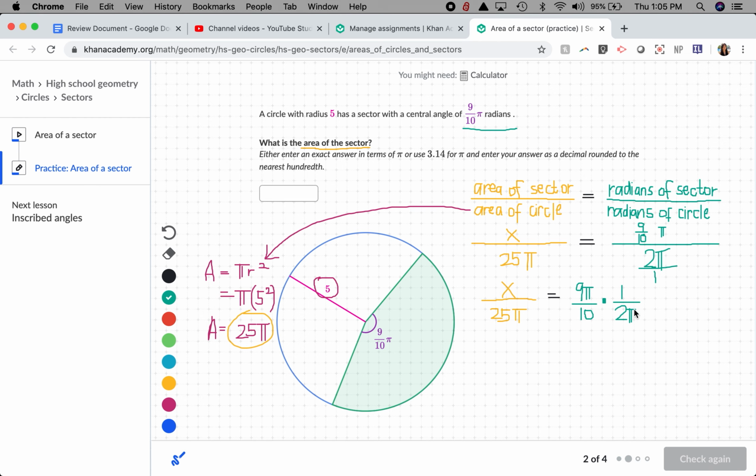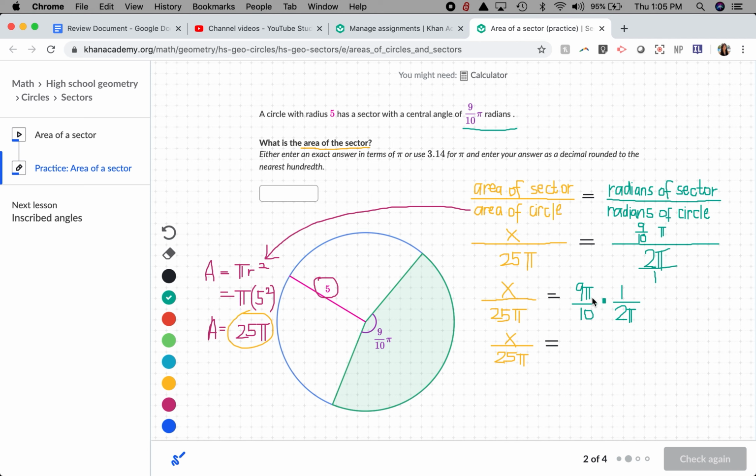So now that it's a little bit more simple, I'm going to just multiply across. Our next line then, again, we are not going to touch this just yet. This is going to be the same, x over 25 pi. And that is equal to whatever product we have here. So numerator times numerator is going to be 9 pi.